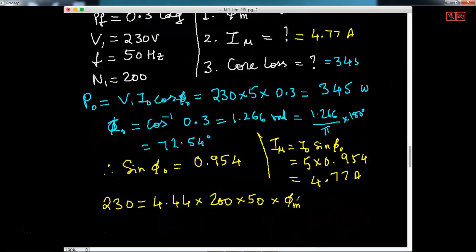Finally I get 0.00518, which is 5.18 milliwebers, or 5.2 is also correct. So 5.18 milliwebers is the answer.